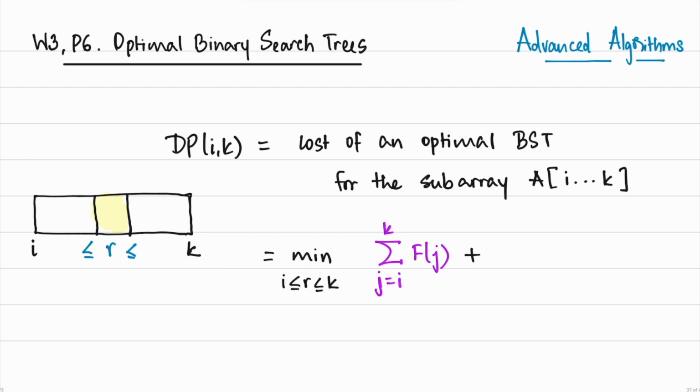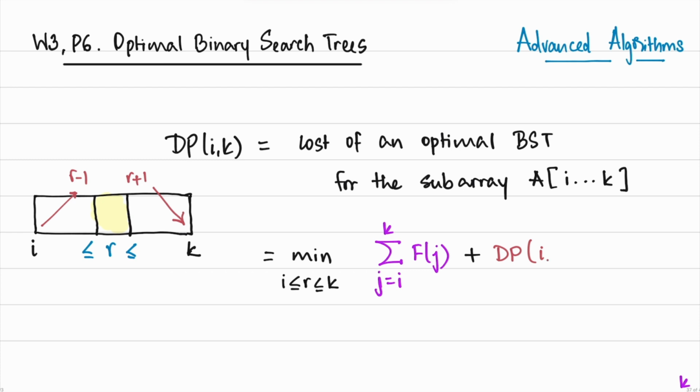And now we have our recursive subproblems, right? So our subproblems are now going to range from i to r minus 1 and from r plus 1 up to k. These are the two subarrays that we are looking at. So we are going to basically invoke the dp table on these values.